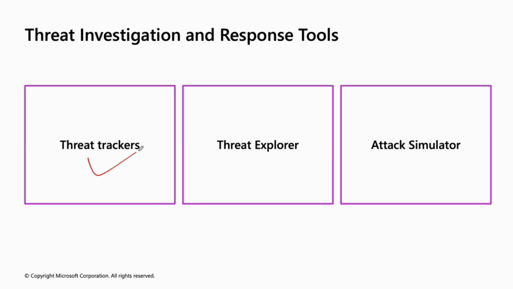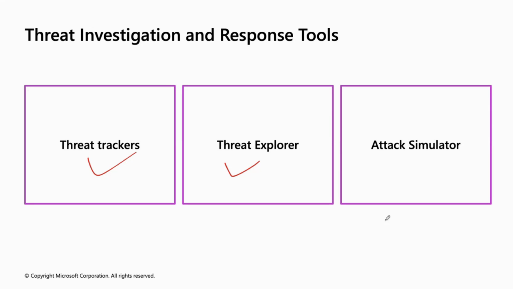For example, you can view information about the latest malware. You can take countermeasures before it becomes an actual threat to your organization. Then you have Threat Explorer, or you can also call it real time detection. It is a real time report that allows you to identify and analyze recent threats.